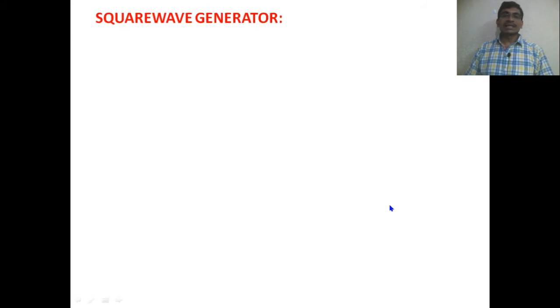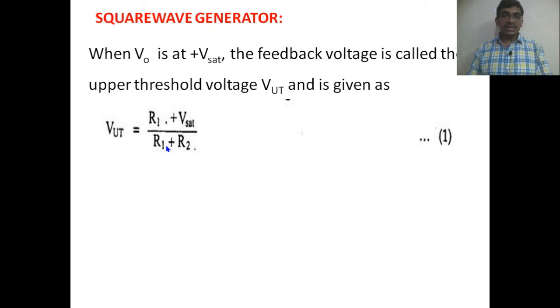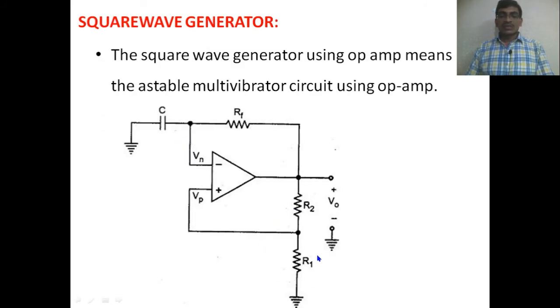When V0 is at the plus V saturation level, the feedback voltage is called the upper threshold voltage VUT and is given as VUT equal to plus V saturation into R1 by R1 plus R2. Already we have seen that the reference voltage is the voltage across R1, V0 into R1 by R1 plus R2. That is the equation for the reference voltage.